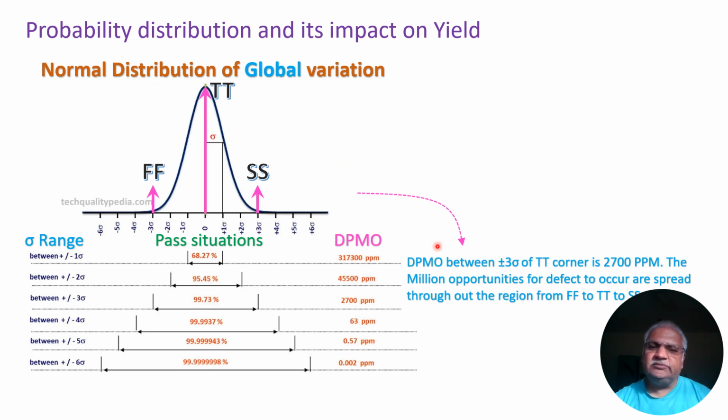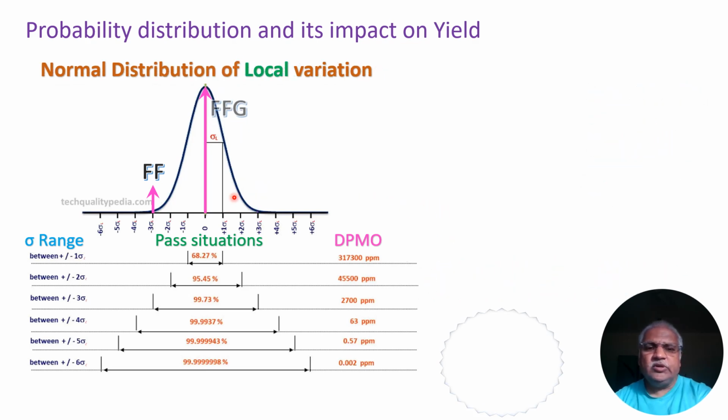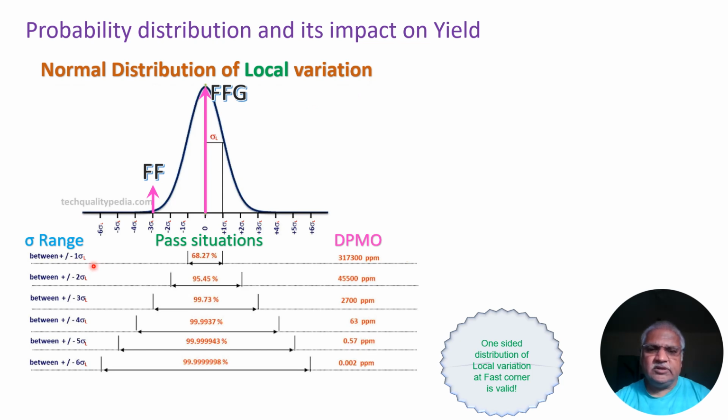Now coming to the design implementation, as I have mentioned, in the lower geometry nodes we will perform it at the global corner. This is the performance corner; for simplicity, showing only one scenario. This is the local variation of the standard deviation. In the same way, all these exist.